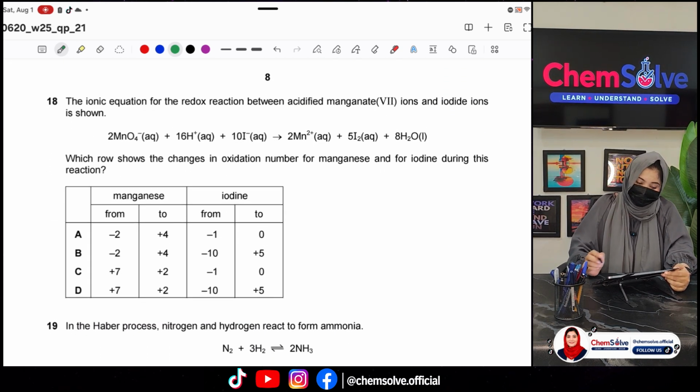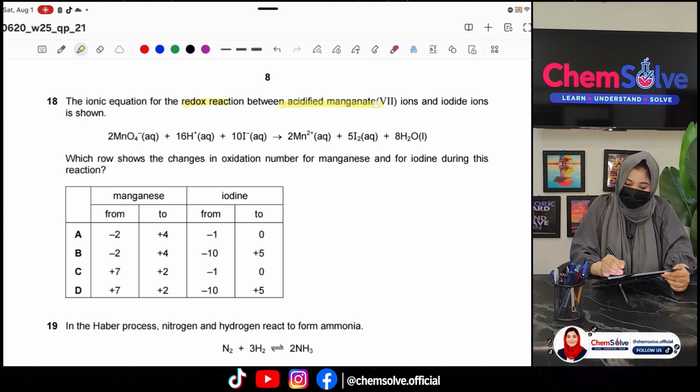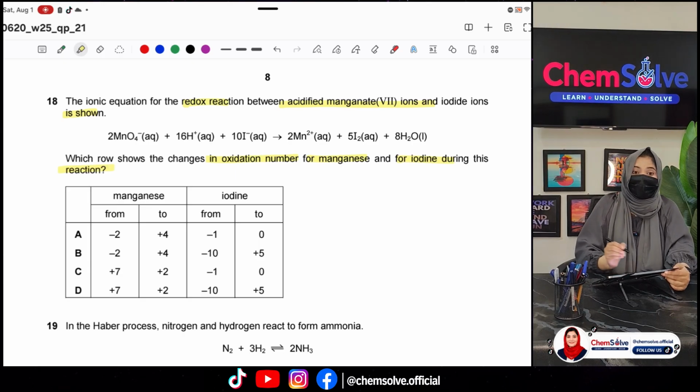Okay, question number 18. The ionic equation for the redox reaction between acidified manganate(VII) and the iodide ions is shown. Which row shows the changes in the oxidation number of the manganese and of the iodine during the reaction? So let's calculate.